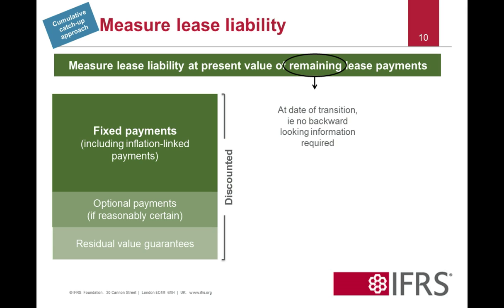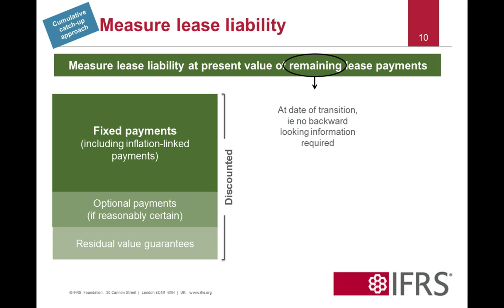So it takes the future lease payments and discounts them at an appropriate rate. In terms of establishing exactly what those lease payments are and how to arrive at the right discount rate, the detail on these measurement issues will be the topic of an upcoming webcast focused solely on measurement, and that one will be coming in April, so I won't go into detail here.